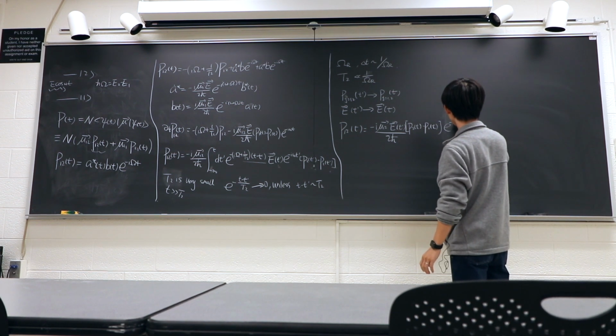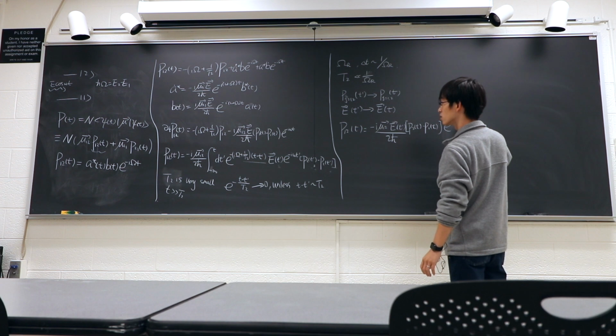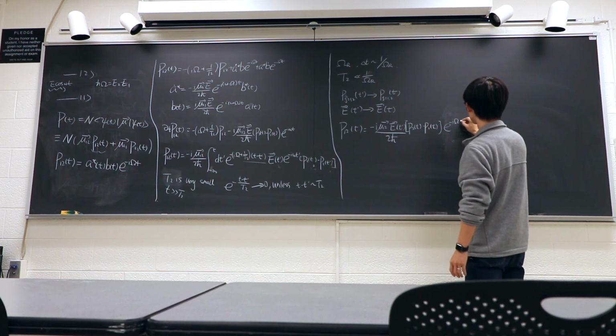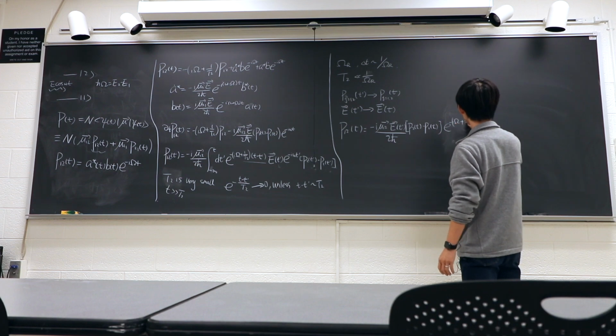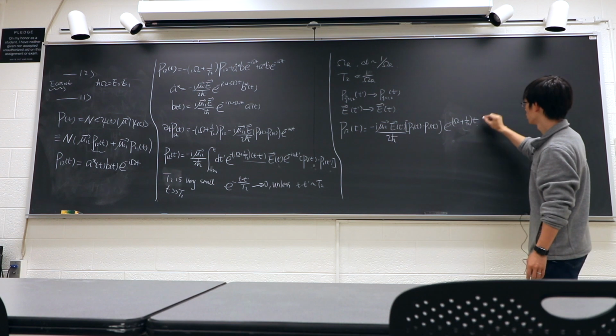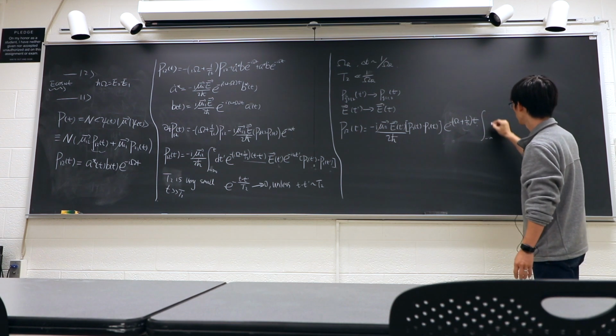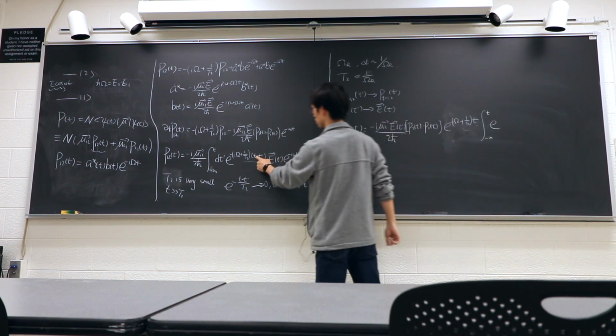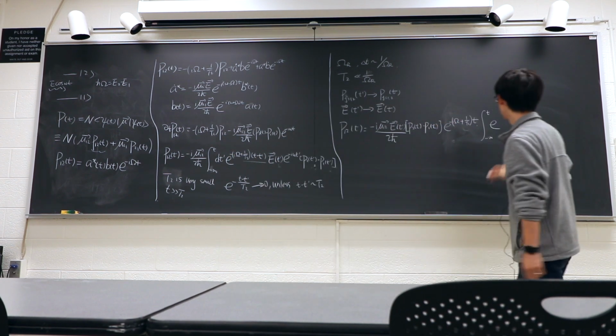E minus I omega plus T2 t. Okay. Minus infinity to t. Here's the minus sign, they cancel each other.